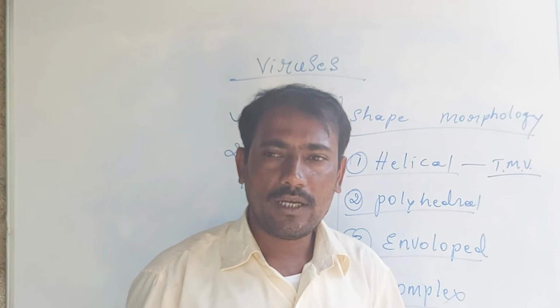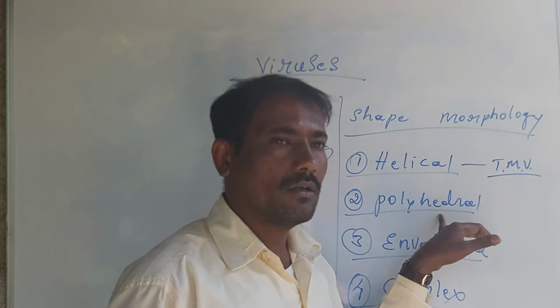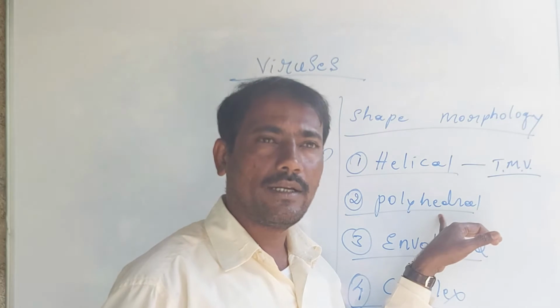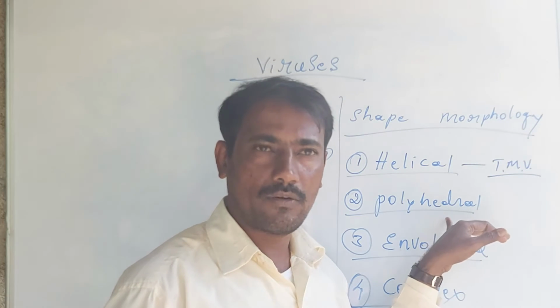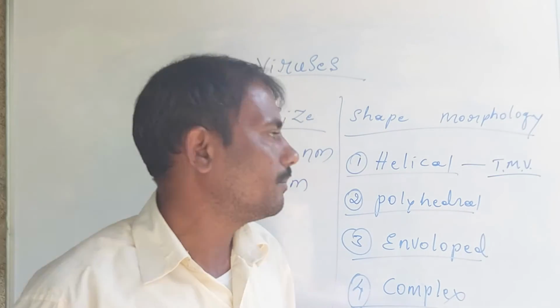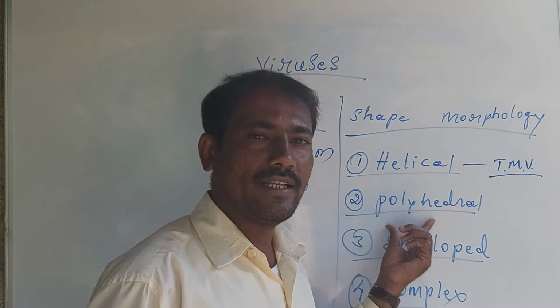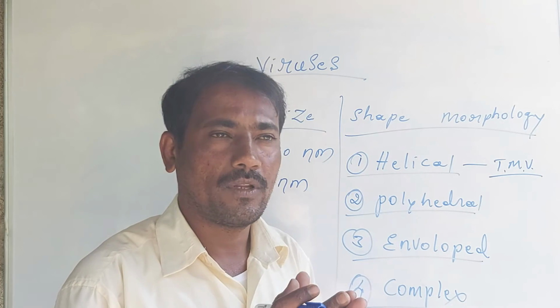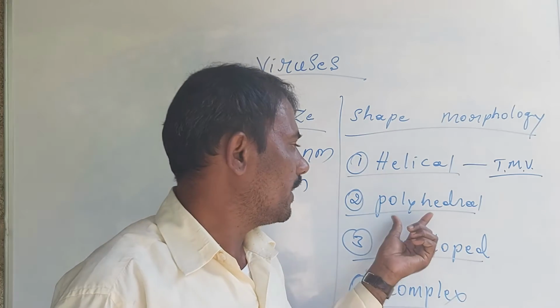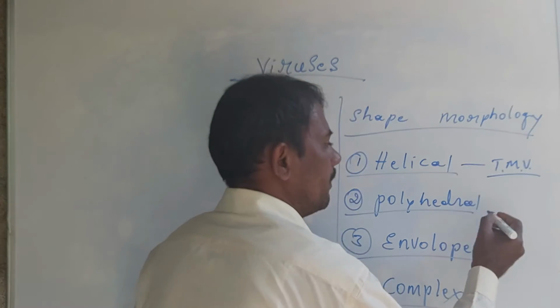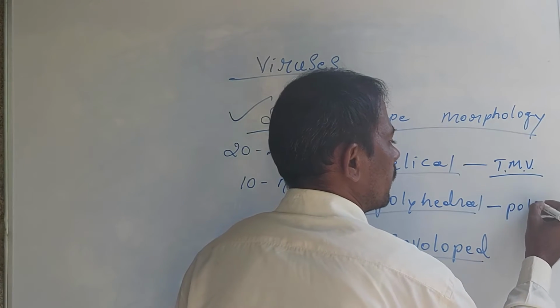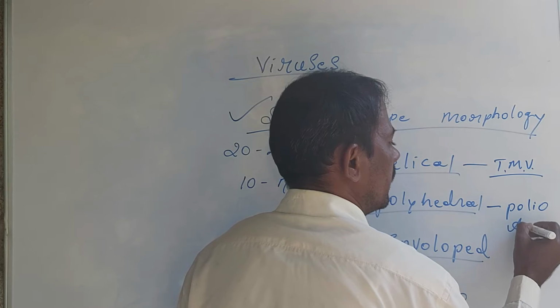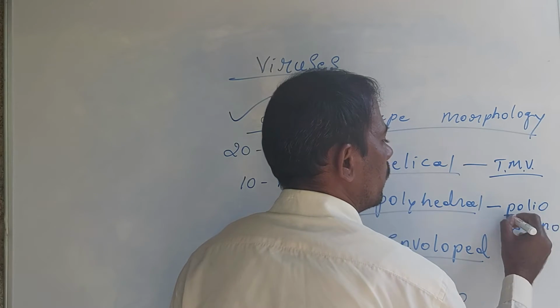Then polyhedral viruses are another morphological form of the viruses. They exhibit a polyhedral shape. Examples are the poliovirus and adenovirus.